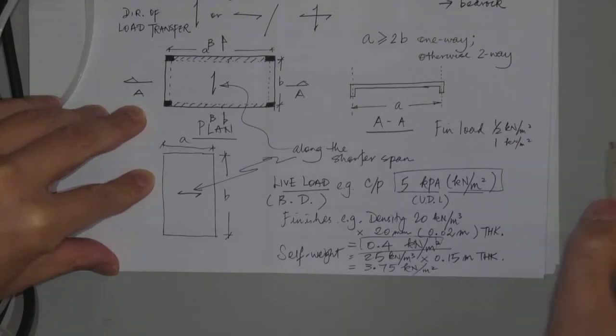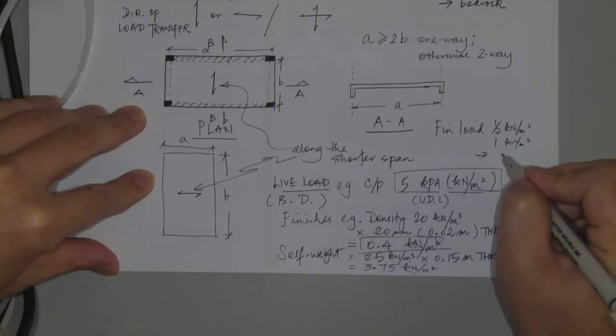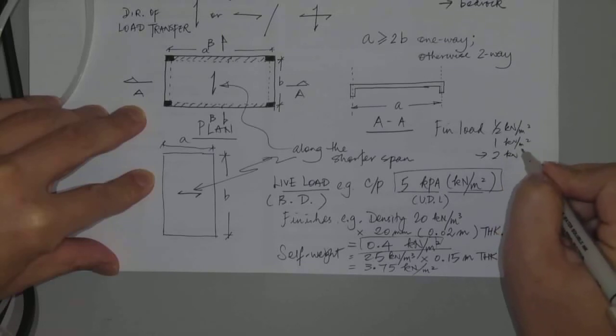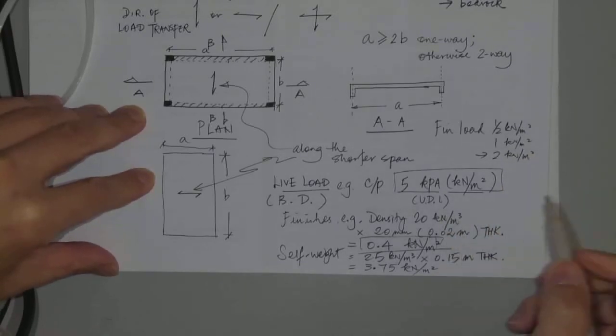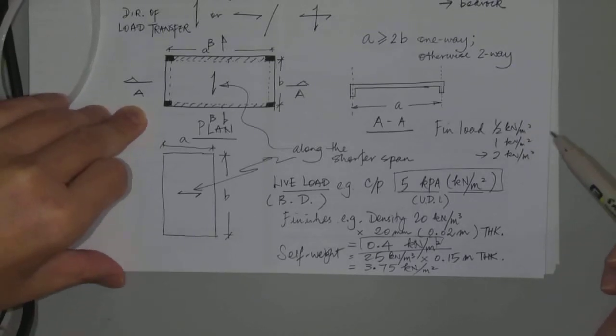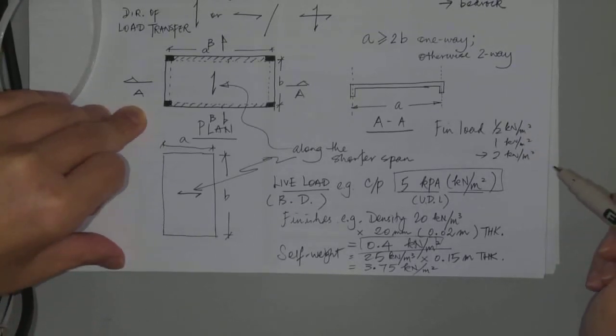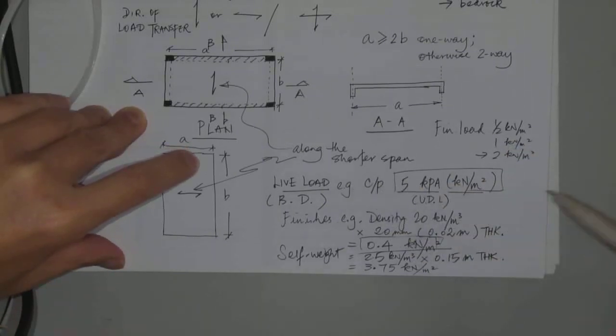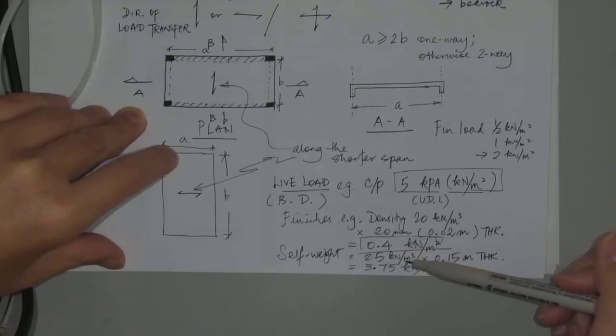But it really depends. Sometimes it goes to 2 or 3 kilonewton per meter square. It really depends on what finishes you use for the floor. So sometimes it could be quite heavy. But it won't be as much as the live load or the self-weight of your slab.